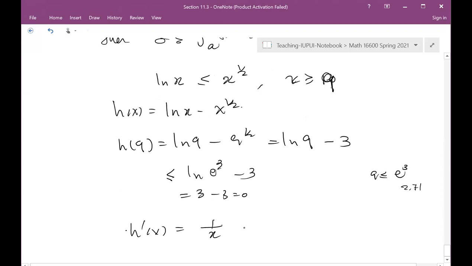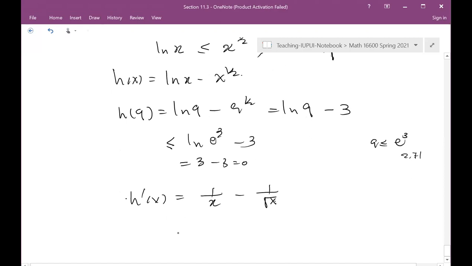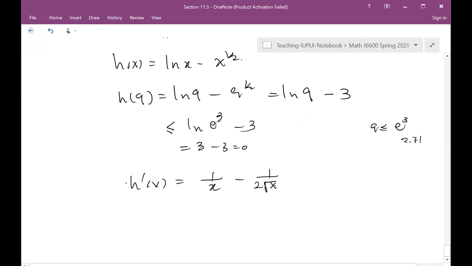So it's 1 over x minus half of the square root of x, right? So you combine them.